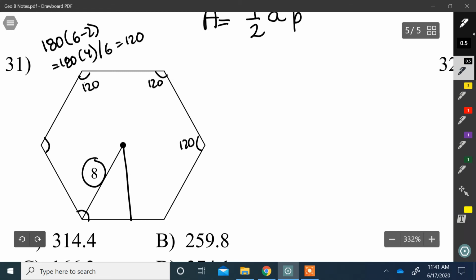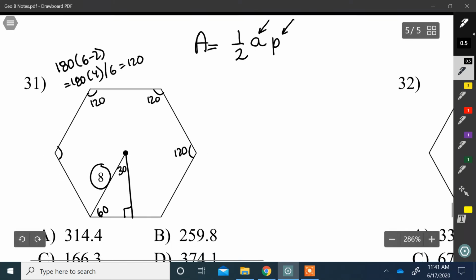So if each one of those is 120, that means that this right here has to be 60, which is half of 120, which means that this is 30. So we have, once again, a special right triangle. Okay, so I'm going to draw my special right triangle and match it with that one right there.